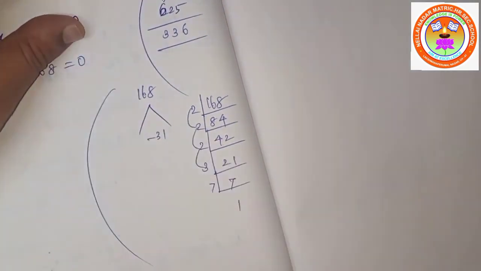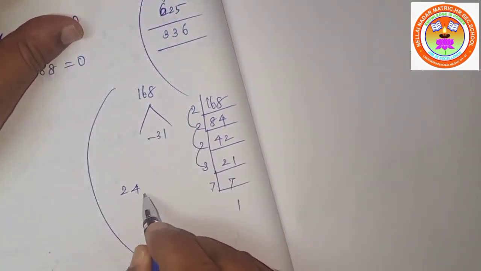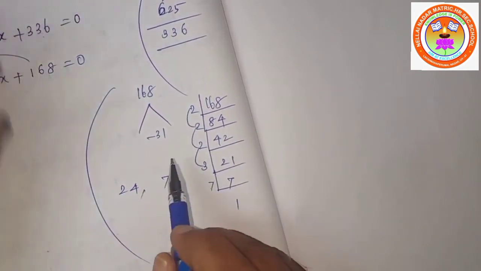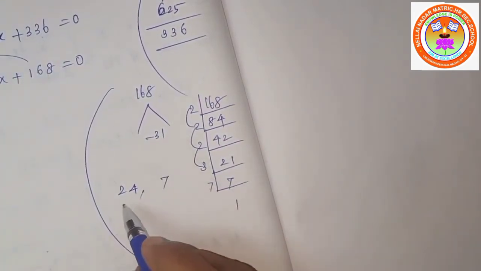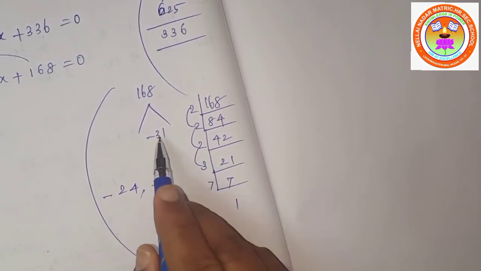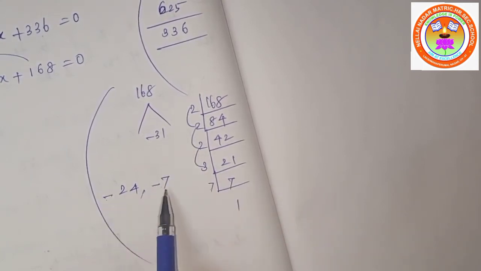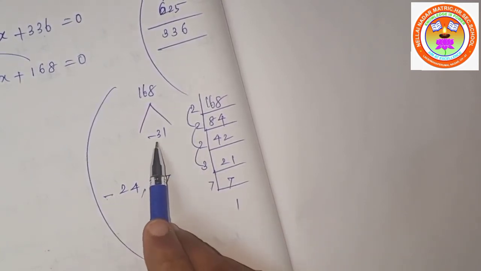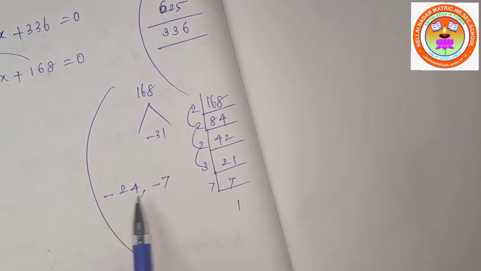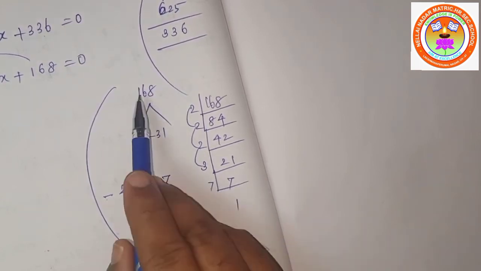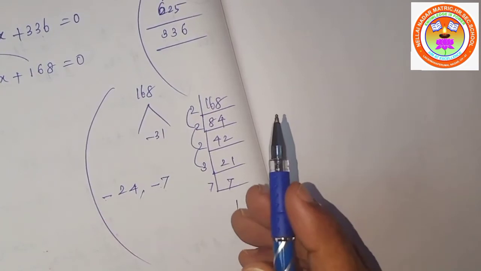I got the two numbers, 24 and 7. For getting minus 31, you have to introduce minus for both the numbers. Then only you can get minus 31. Add the two numbers, minus 24 minus 7 is minus 31. If you multiply the two numbers, minus into minus is plus, 24 sevens are 168.